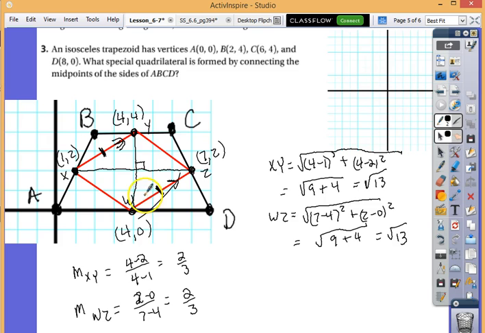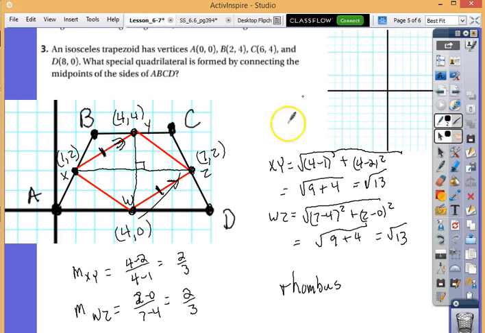This has a length of 1, 2, 3, 4, 5, 6. So the diagonals are not congruent, so it's not a rectangle. But the diagonals are perpendicular, so it is a rhombus. That means it can't be a square, so the answer is rhombus. Parallelogram with perpendicular diagonals. There were other ways you could have gone about figuring that out, but that's the base of it.